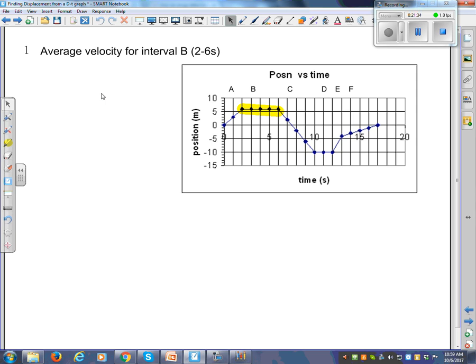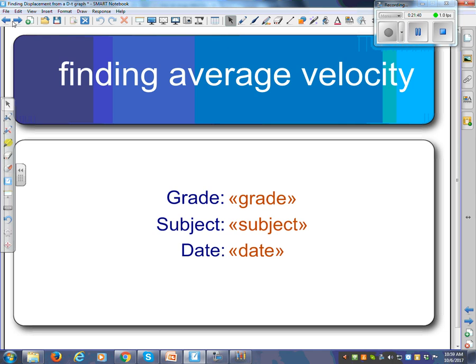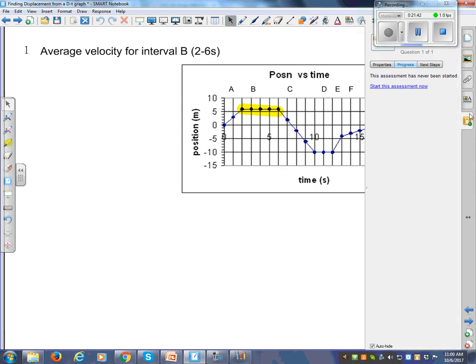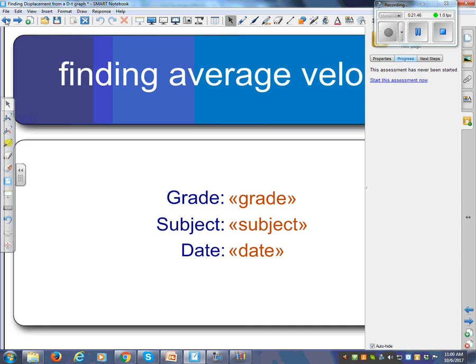Are you able to enter? Jason, can you enter answers? For number 1? Okay, for all of them. It says start this assessment.